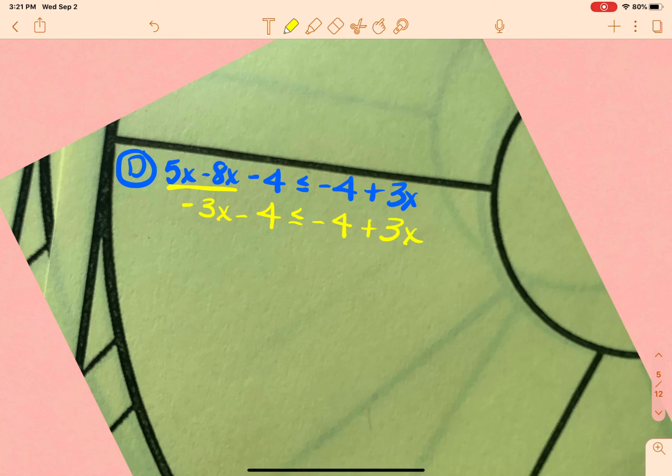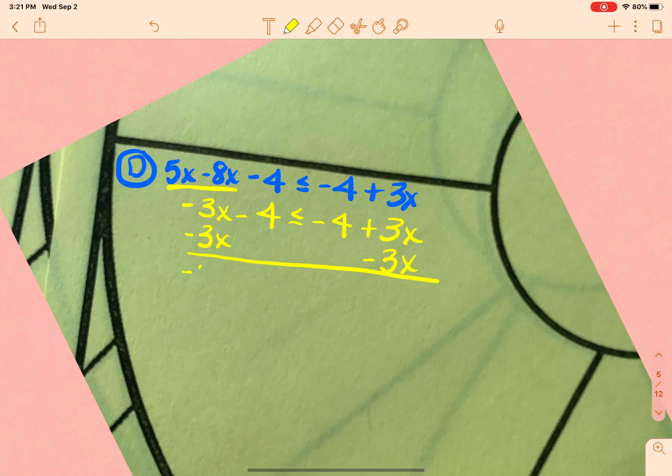Now, what does seem different about this problem is that I actually have variables on both sides. So on this one, you can solve it more than one way. I'm going to try to get my variables on this side and my numbers on another, just to make it easier for you. So I'm going to move this. So the opposite of positive 3x is negative 3x.